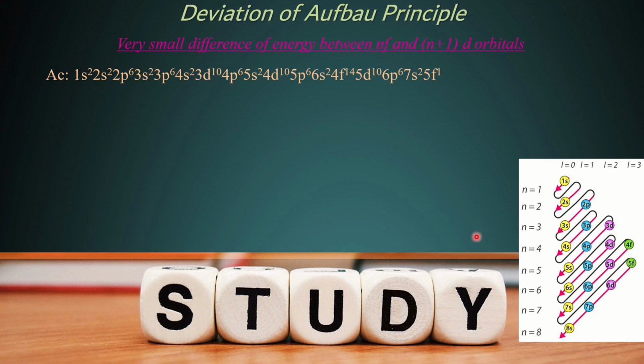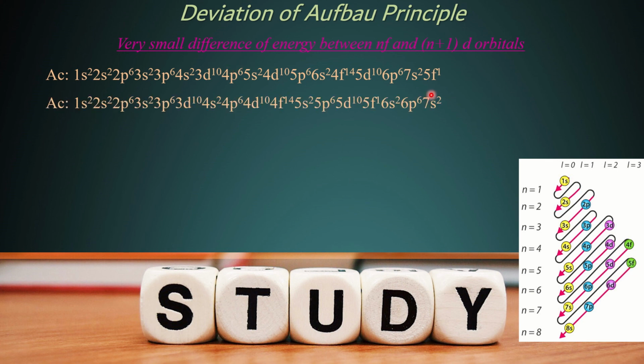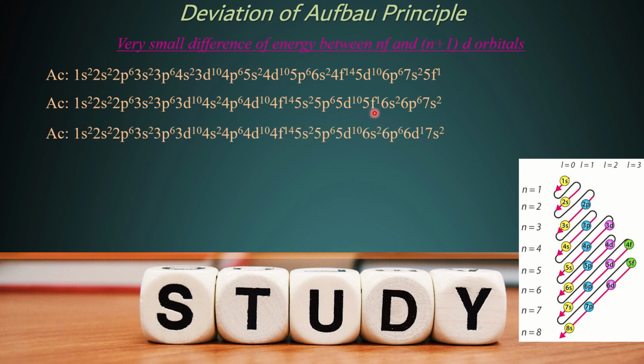But here also the electron does not go to the 5f orbital. It will go to the 6d orbital, because the energy difference of 5f and 6d is very less. So if we arrange the electronic configuration of actinium, then it will become like this. The last electron goes to 5f1, but this is the wrong electronic configuration.